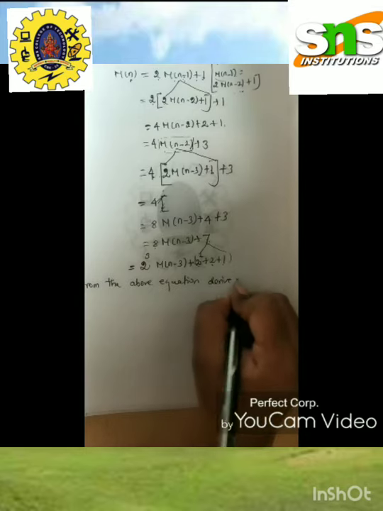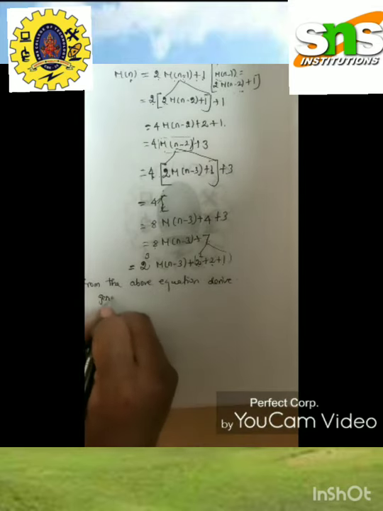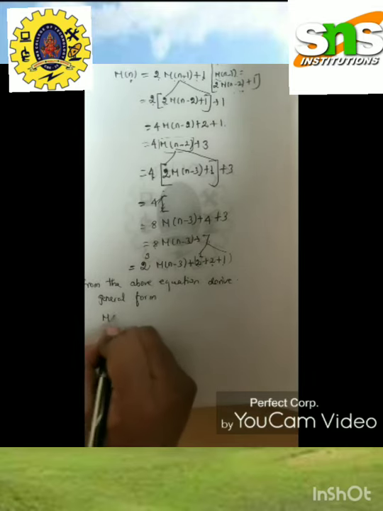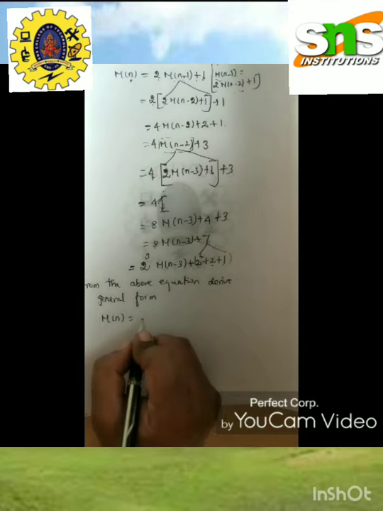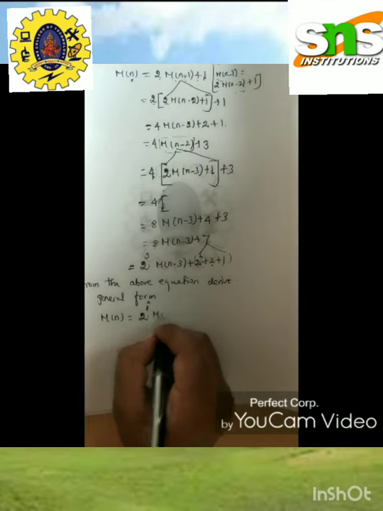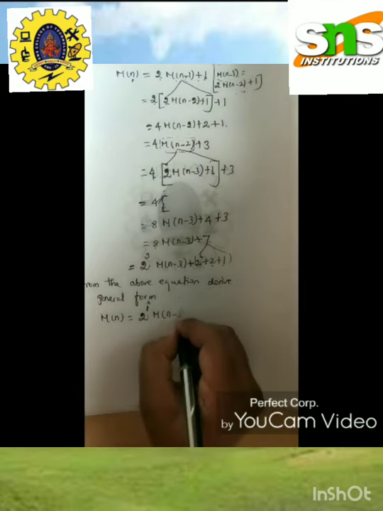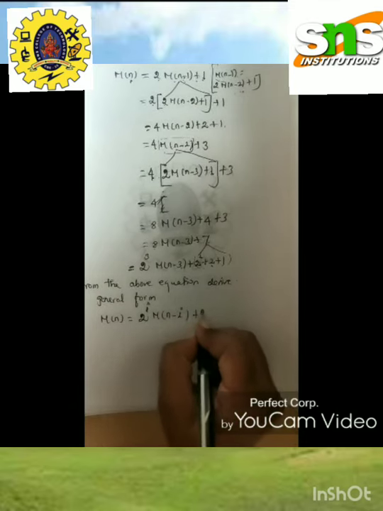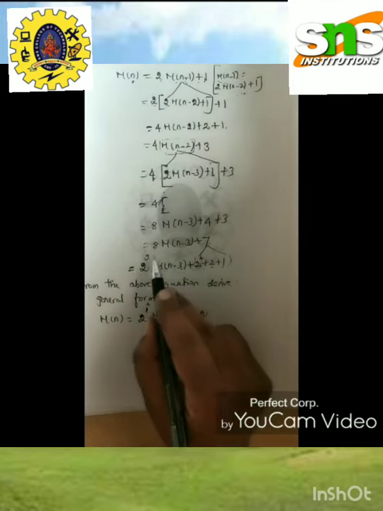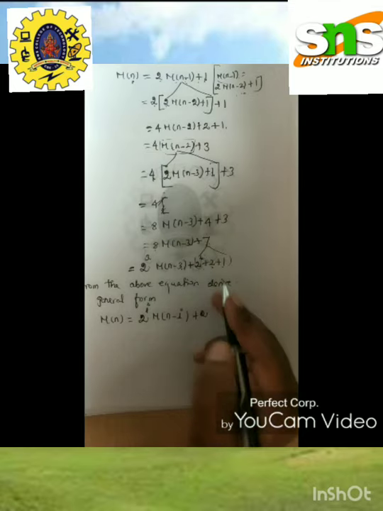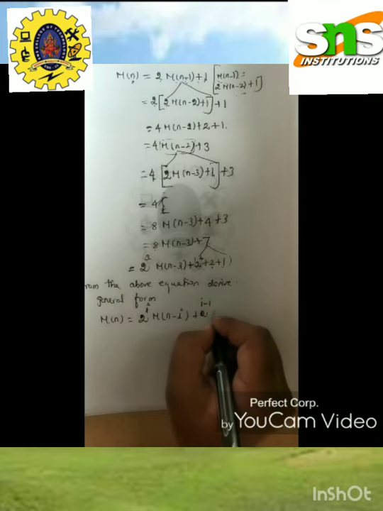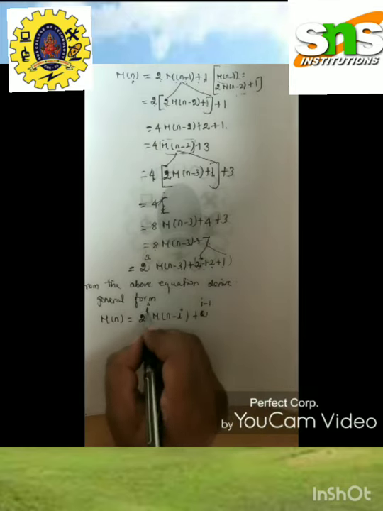Derive the general form from the above equation. That is m of n is equal to 2 power i, instead of this 3, into m of n minus i, plus 2 power, here 3 minus 1 gives 2, so i minus 1, instead of 3 I take the i value.